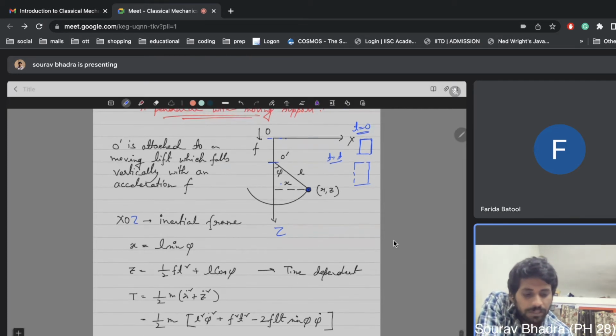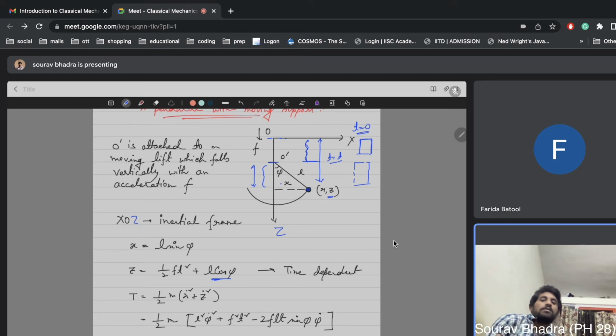This part of z is actually L cos phi, but here the catch is that it is not the length which determines the position z of the pendulum, because z is actually this much, not this much. So this distance we need to add in our z.